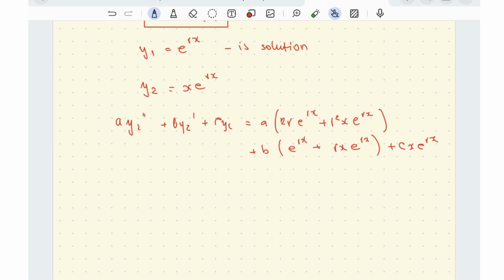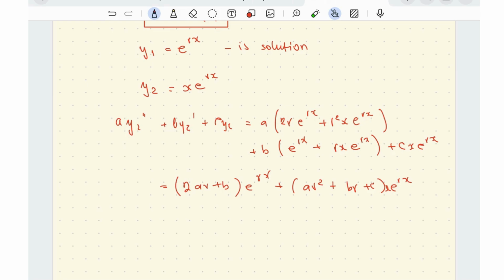Okay, and that is now (2ar plus b) e to the power rx plus (ar squared plus br plus c) x e to the power rx.